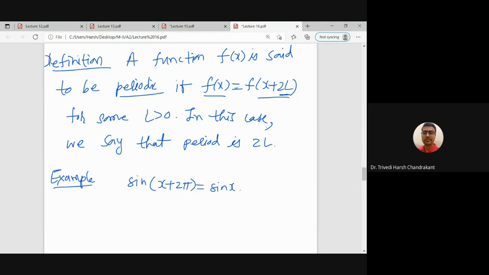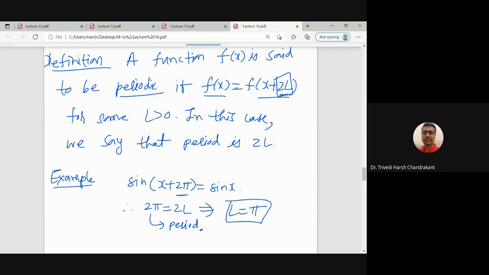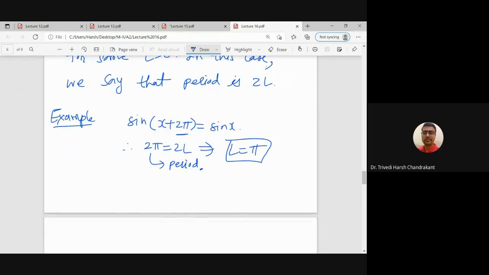So this number, which is 2L, is 2 pi, and that gives us L equals pi. Whenever we have such a periodic function with a given period, we can find its Fourier series expansion.